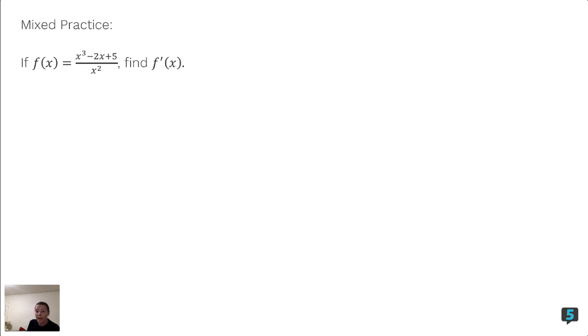Okay, sure. So yeah, definitely keep factorization on your radar. X cubed minus 2x plus 5 doesn't appear to factor in this case, but that's definitely something that could be helpful. Always good to keep that on your radar.